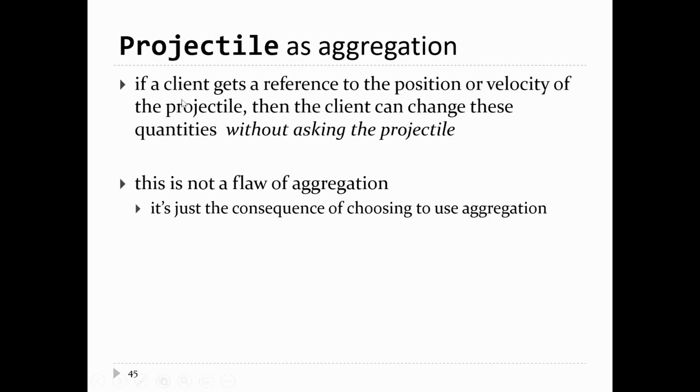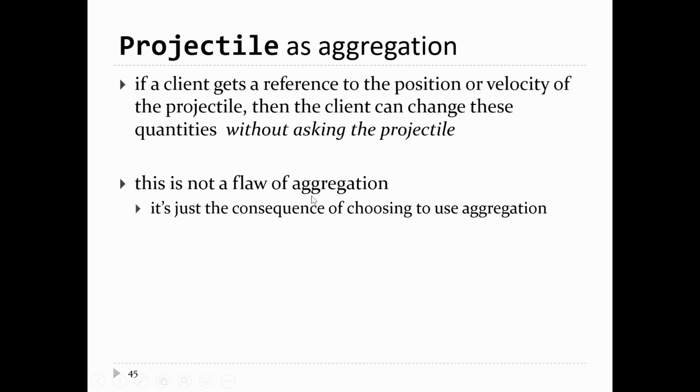So if somebody can get a reference to the position or velocity of the projectile, then that person can change those quantities without going through the projectile object. In other words, you don't have to tell the projectile to move, it will just move. And that's not a flaw. What I'm not saying is that you shouldn't do this. It's not a flaw of aggregation.